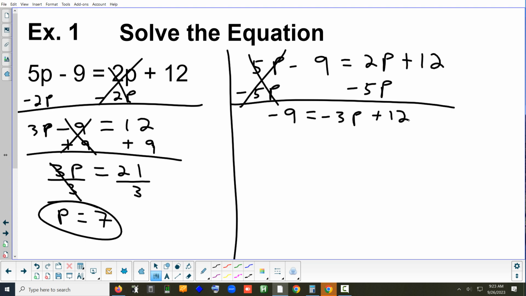And how would you put the 12 on the left? Subtraction. Yep, you'd subtract. And what would you subtract on both sides? 12. Subtract 12. Positive 12 minus 12 cancels. What's negative 9 minus 12?